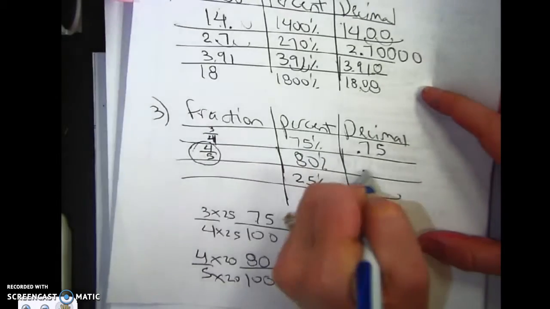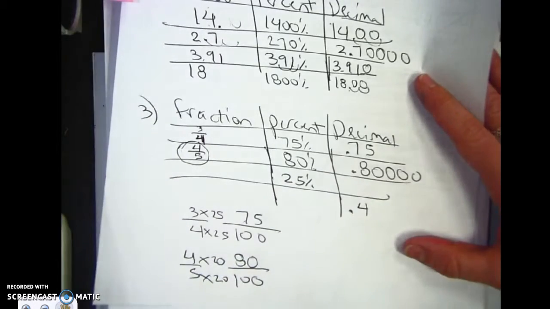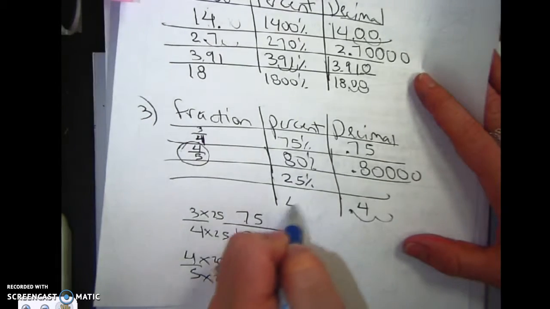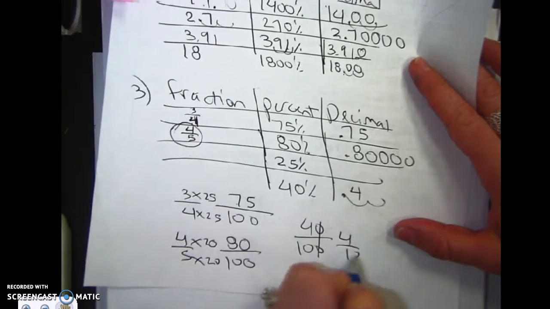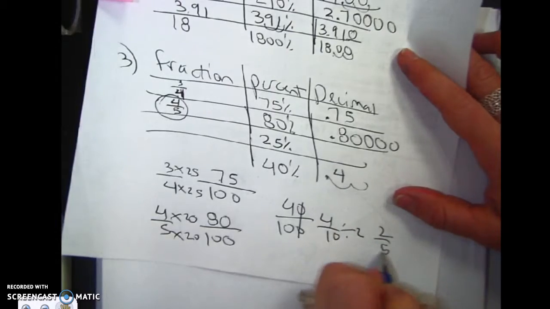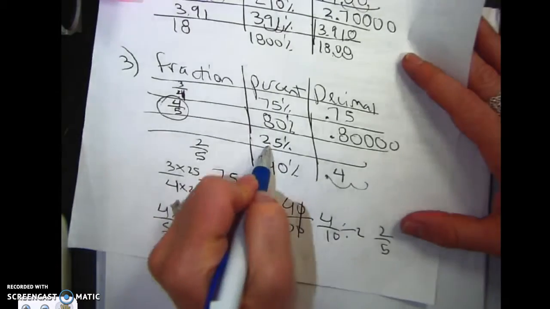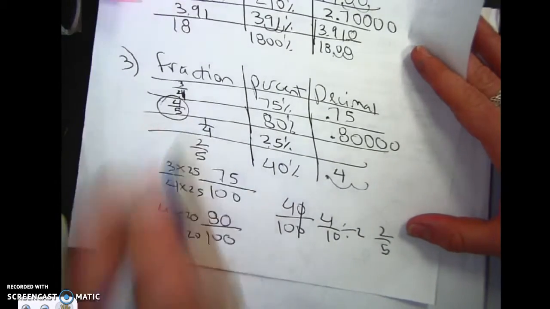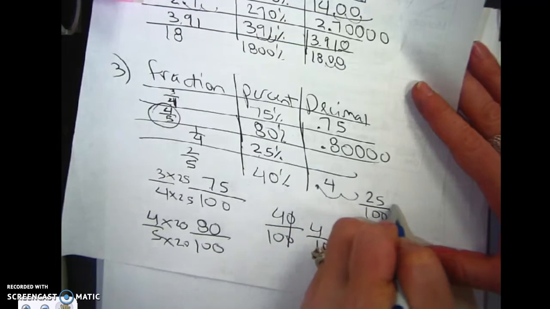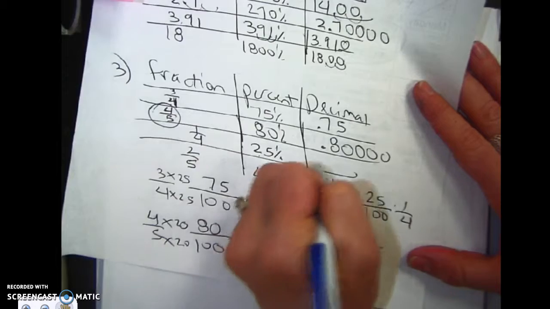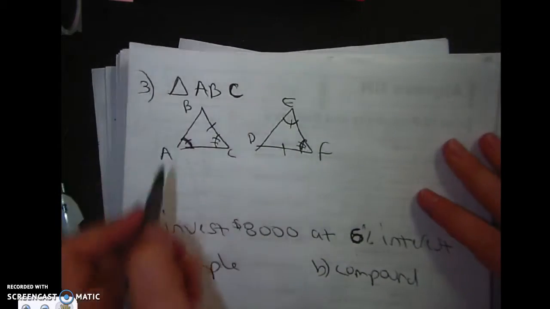Boom, 80%, 0.8, or 0.80, or 0.8000, whatever. 0.4 is 40%. Out of 100, 4 over 10, divide by 2, 2 over 5. Done. If you just know that, that's great. Some of you know 25 cents is 1/4. If you didn't know 25 cents is 1/4, you put it over 100, and it's 1/4. It matches 0.25.